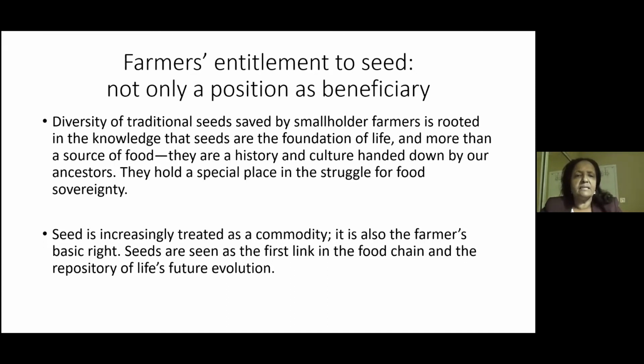So the seed is treated as a commodity, and it is also farmers' basic right. Seed is a business, seed is also development. We have to see the farmers' basic right, and seed is seen as the first link in the food chain and the repository of life's future evolution. Next slide, please.